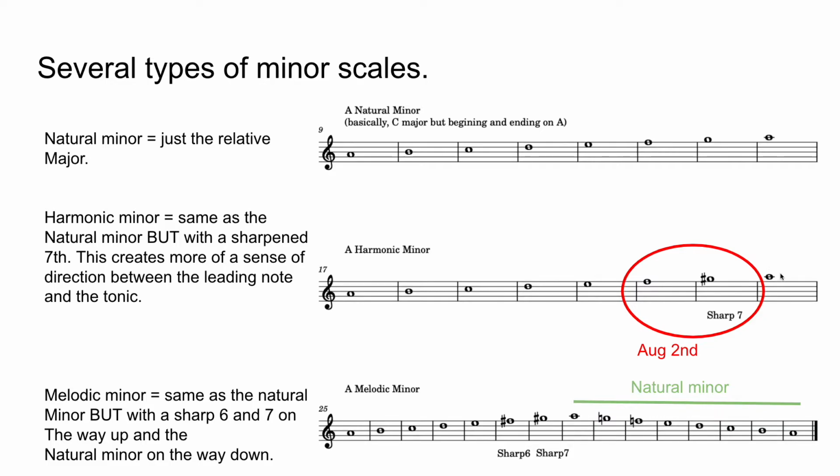But this creates another problem. By sharpening the seventh, we sort out the harmony, as it were. We create that sense of direction between the seventh note of the scale and the tonic. But this gap here, this F natural to G sharp, is an interval called an augmented second.